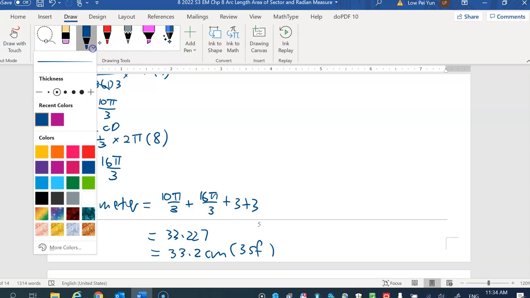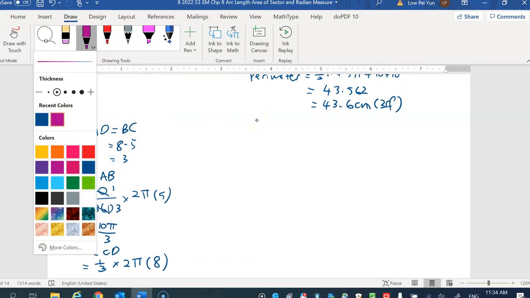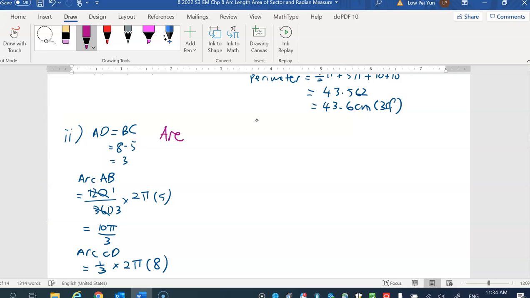Area, I use my favorite magenta. Okay, so area, just like part 1, I am looking at a fraction of the circle, the bigger sector, which is of radius 8, minus away part of the circle, pi r square, which is of radius 5.